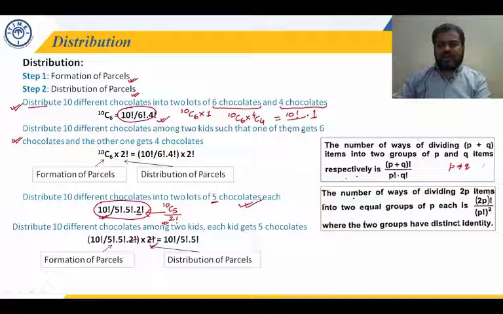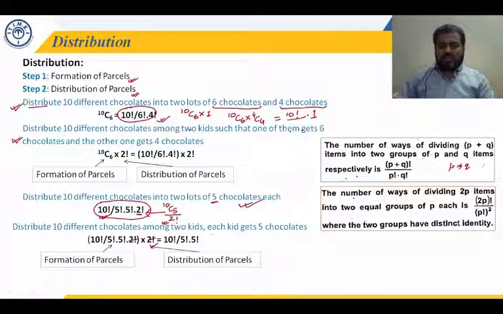So 2P is 10, 10 factorial divided by 5 factorial into 5 factorial, which is nothing but 5 factorial square. So if 2P items have to be divided into 2 equal groups of P each, then 2P factorial divided by P factorial into P factorial, that becomes P factorial square. This is to be done when 2 groups have distinct identities.